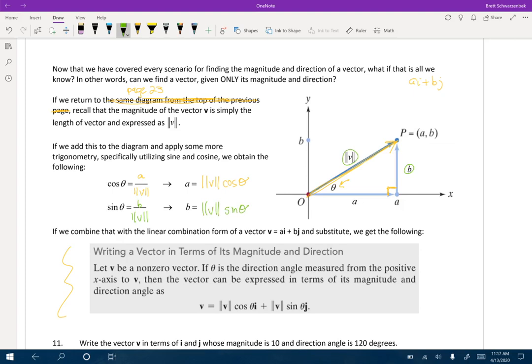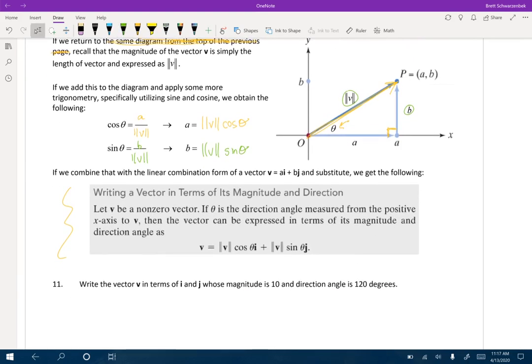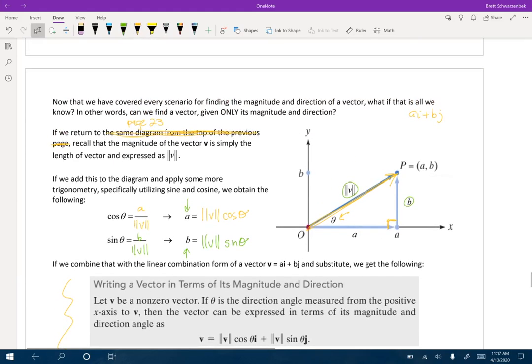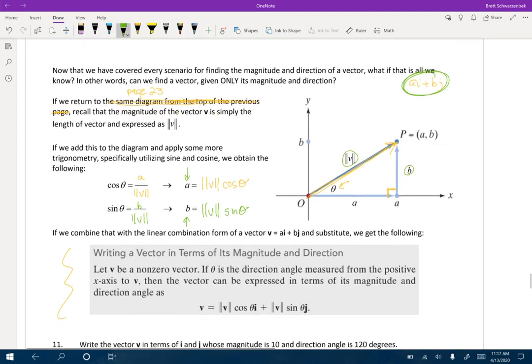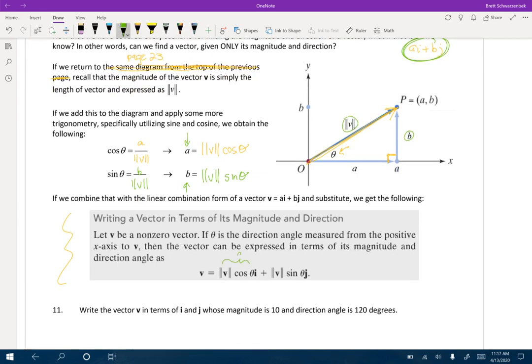Okay, so interesting development. If this is a and this is b, we actually have the components for the actual formula. So look, if this is ai plus bj, so ai plus b times j, we can just put in v cosine theta for a, which we did, and we can put magnitude of v sine theta for b, and we basically have the formula.